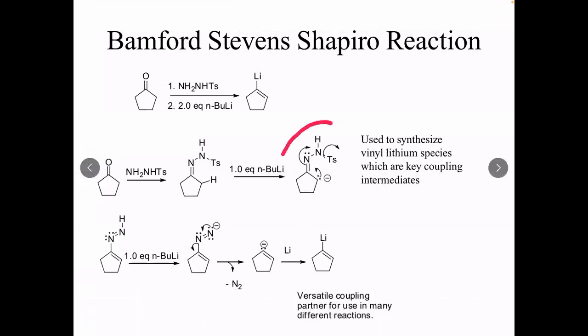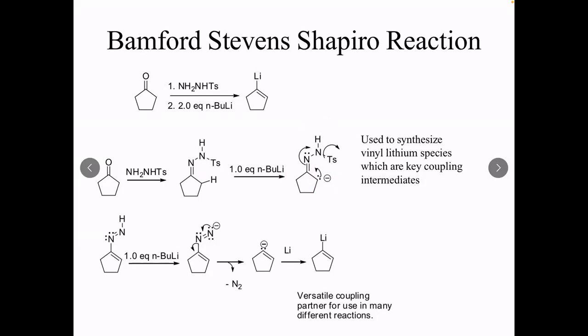So in this step right here, that's the key to the reaction, because the first step is simply the formation of a hydrazone. And then when you add butyllithium, you're going to deprotonate here, and that's where you have a negative charge. That's going to facilitate the loss of nitrogen gas later on in the process.